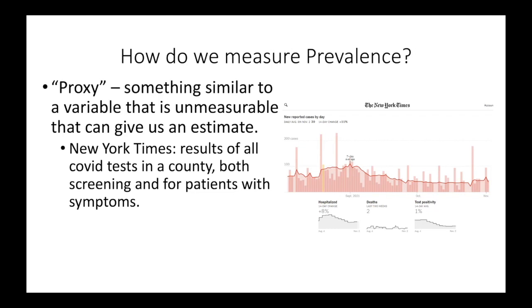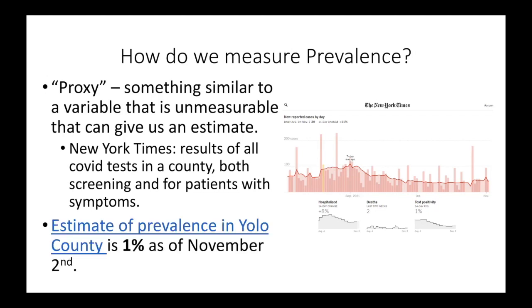When you're dealing with a pandemic, you have to make do with the information that you have. You're not in a university where you've set up a very precise experiment to look at test performance.